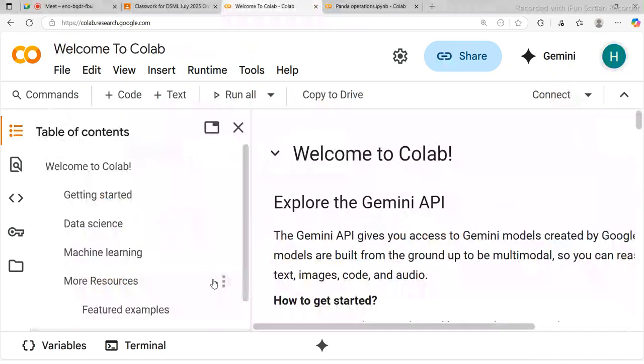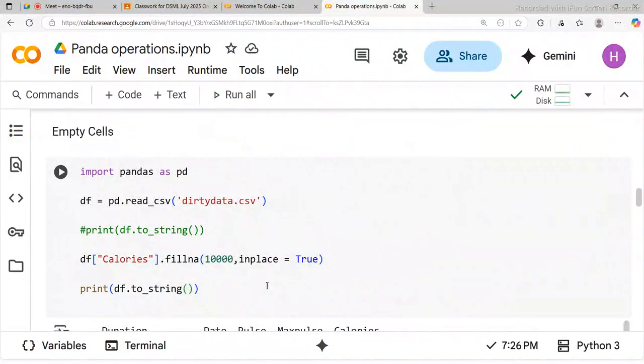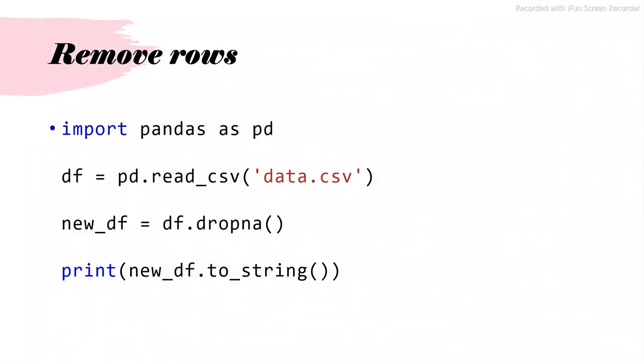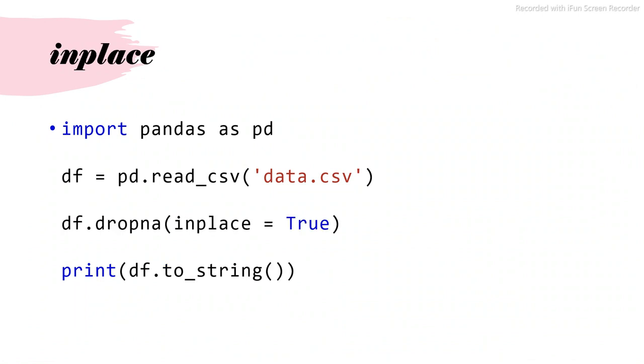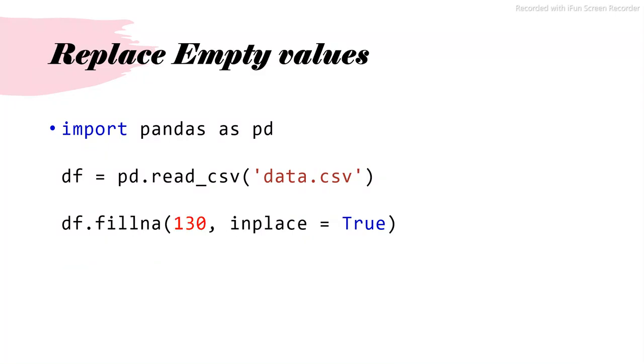Dropna is to drop the rows which have null values. So we are not going to concentrate on this. We'll move to the fillna function.